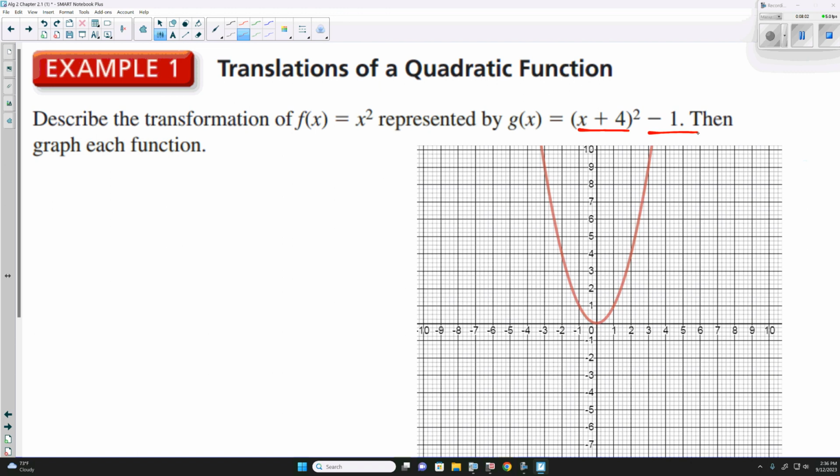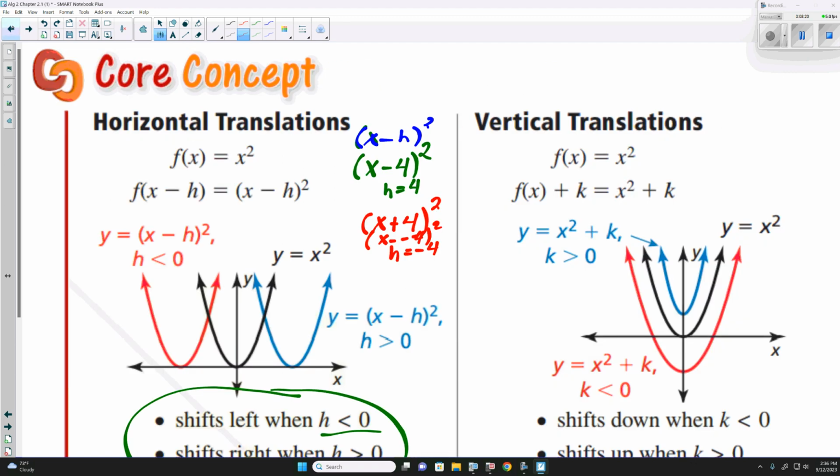Minus 1. Which direction is that moving us? Left or right, or up and down? So horizontal, left and right, is inside.